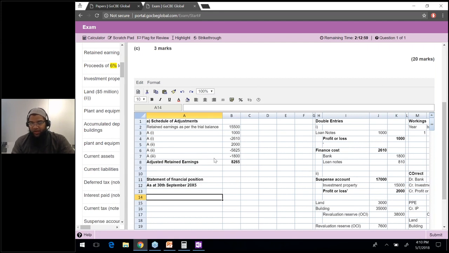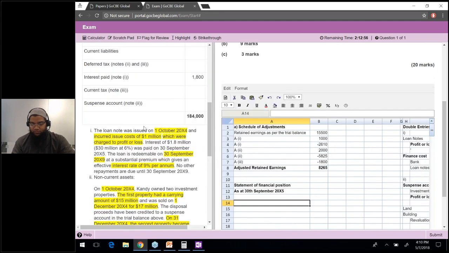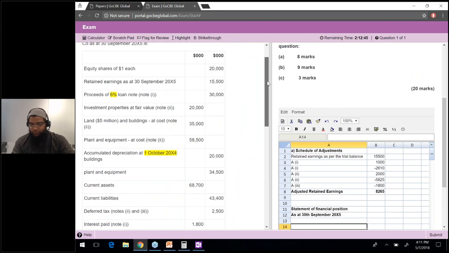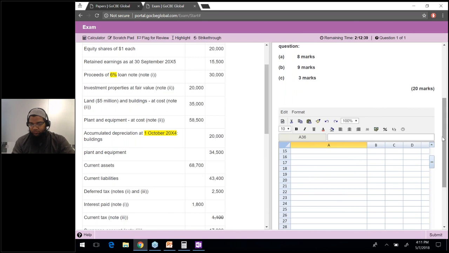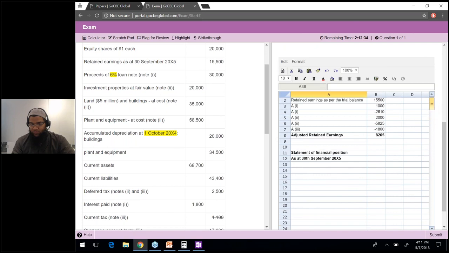Now we are going to prepare a balance sheet. For the balance sheet, I need to go back towards the question. Now I'm going to write the non-current assets heading.